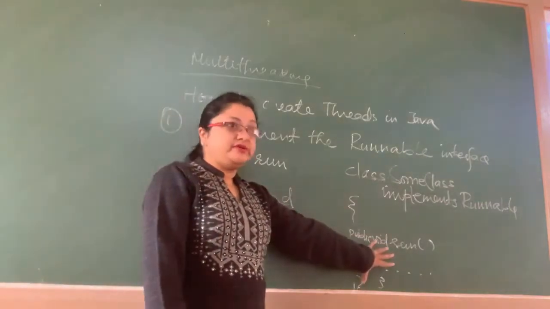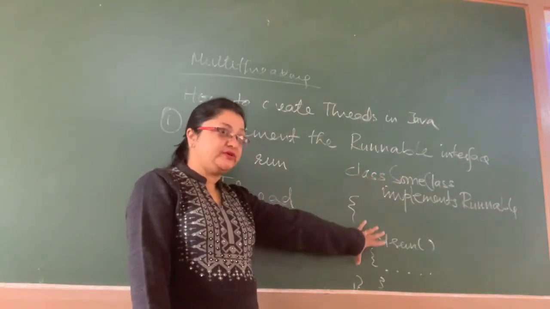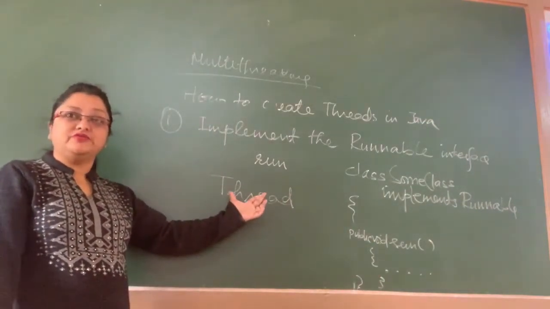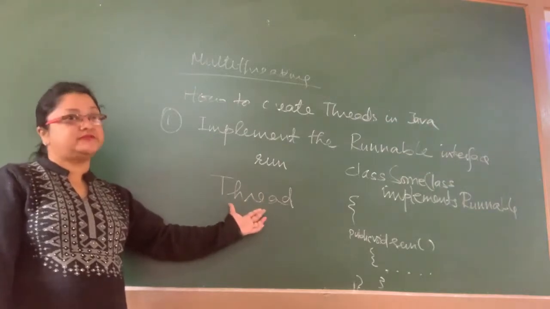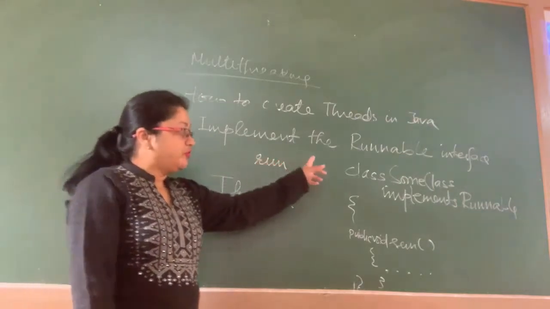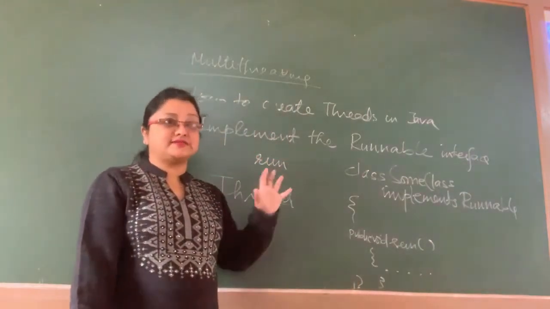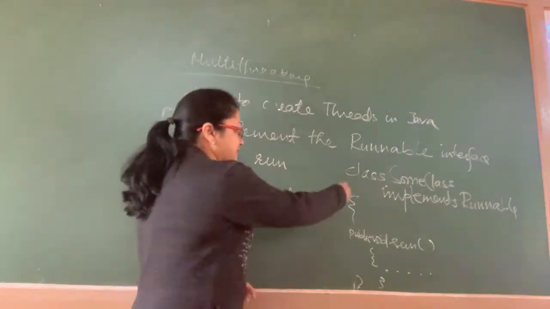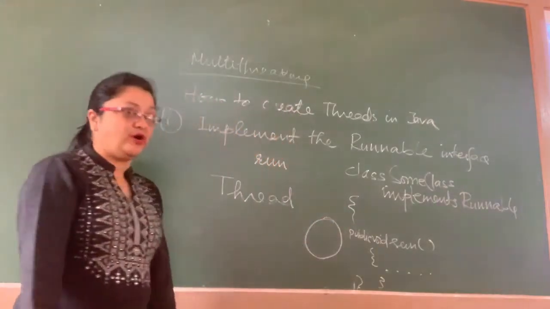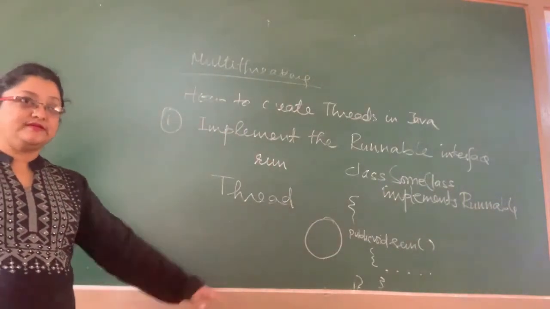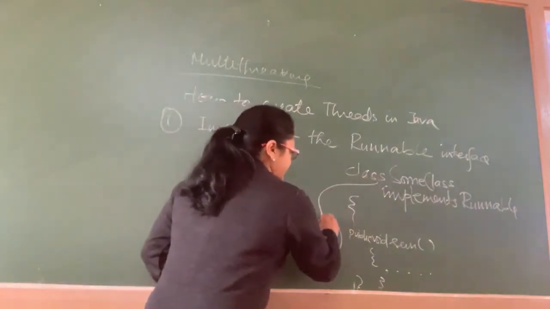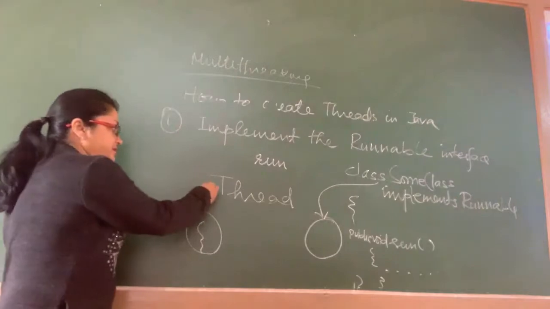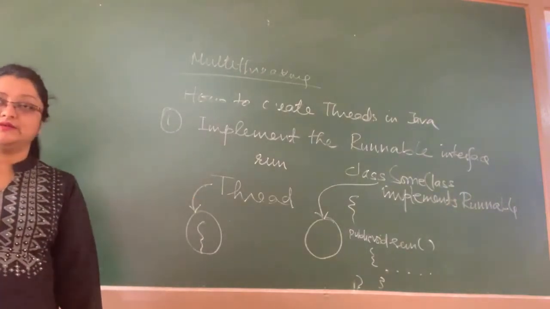Now what about this class? This is not a thread. A thread is something you create out of the Thread class. If you want to create a thread, you have to create an object of the Thread class. What this class represents is the task, the work you want done parallelly. So I have an object of this class, and then I have a thread object, an object of the Thread class.